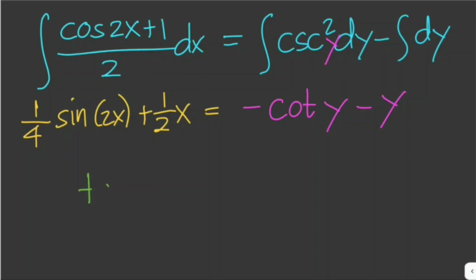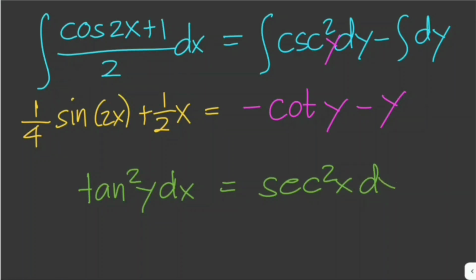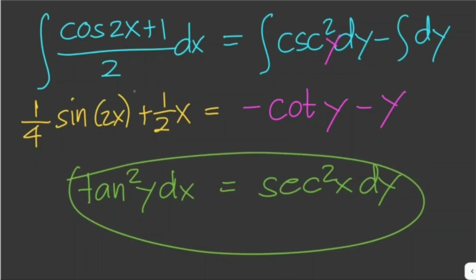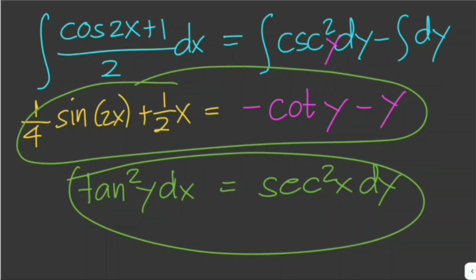Therefore, the solution of tangent squared y dx equals secant squared x dy using variable separable is 1/4 sine 2x plus 1/2 x equals negative cotangent y minus y. Oh, I forgot to write plus c. So the answer should be 1/4 sine 2x plus 1/2 x equals negative cotangent y minus y plus the constant c.